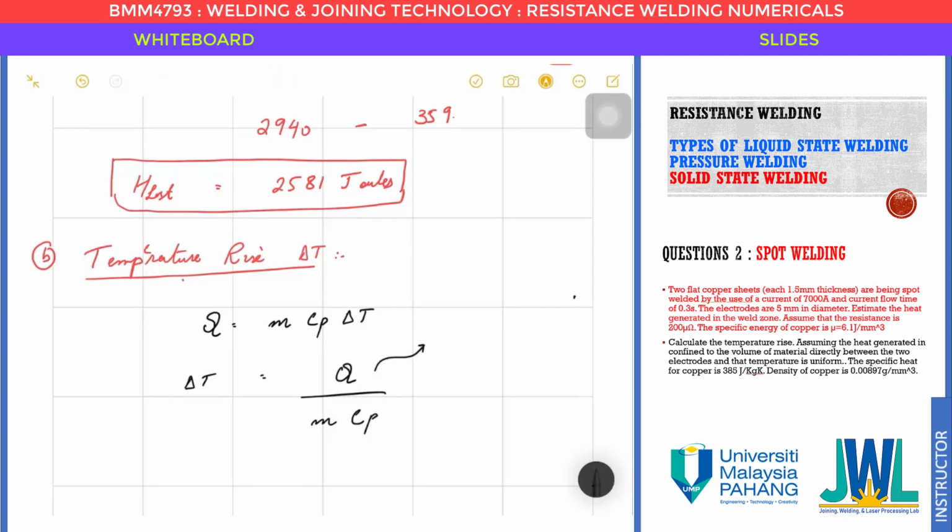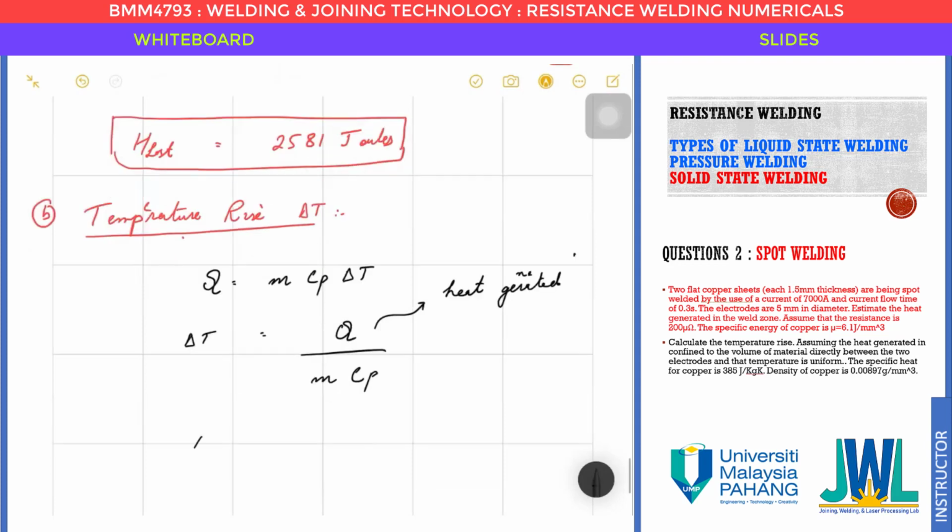What is Q? Heat generated. So delta T is equal to H over m Cp.